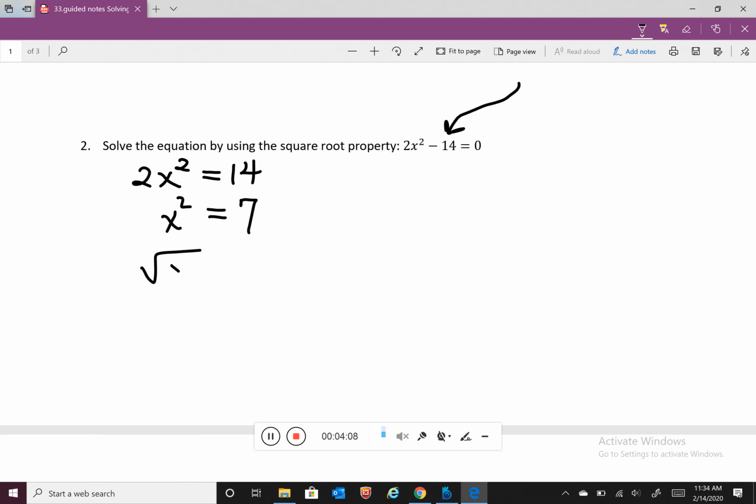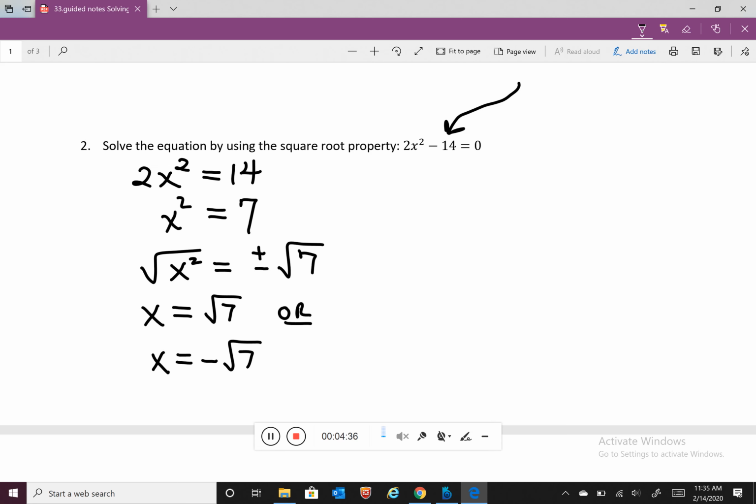So square root of x squared is equal to, and this is the easiest thing to forget, this is quadratic. This has two solutions. So this is equal to positive or negative square root of 7. So x is equal to the square root of 7, or x is equal to negative square root of 7.